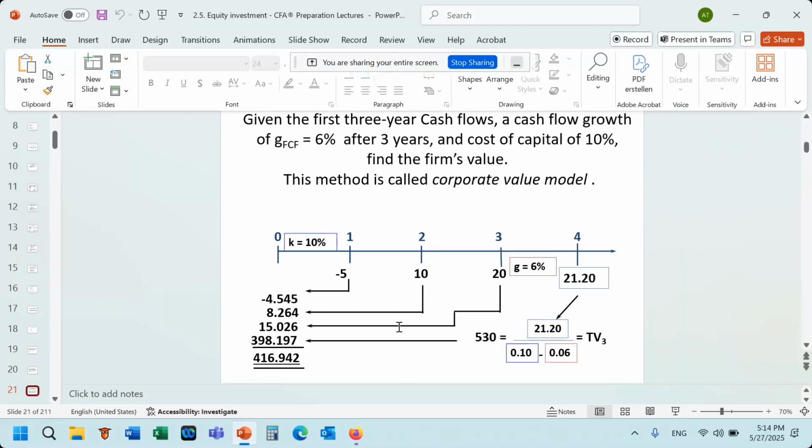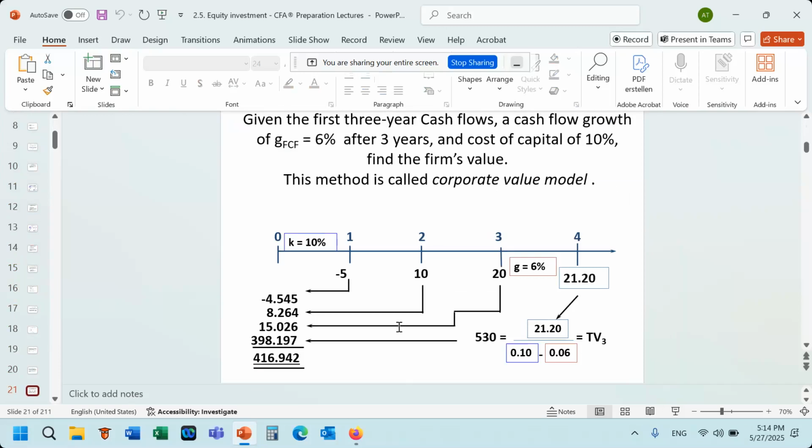And this 6% is assumed to remain constant. Now again, we go and park Gordon's formula under year 3. Not everything could be written under year 3, but the final answer, 530, is under year 3 in this timeline.